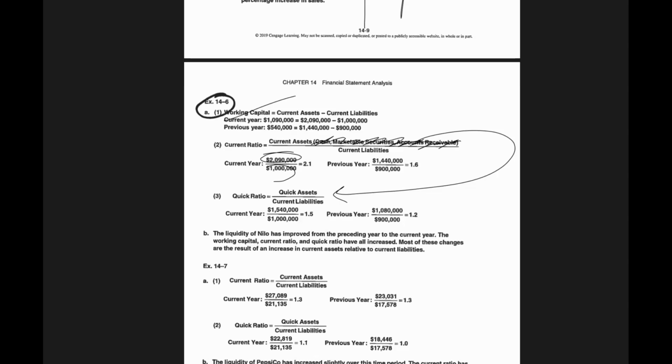Quick assets are just those three: the cash, marketable securities, and AR divided by current liabilities. So the current liabilities number stays the same, but that quick assets are just those first three.